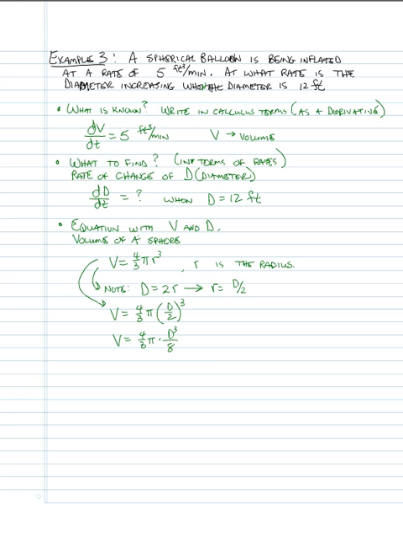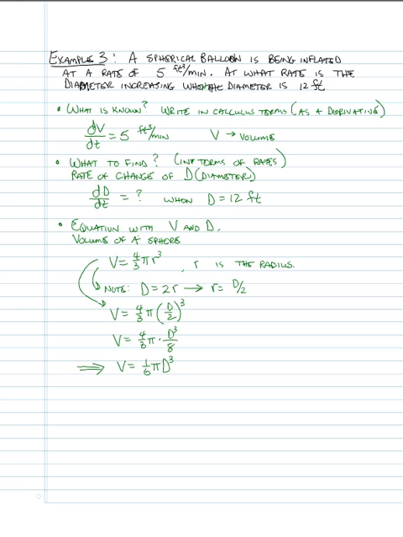Then we simplify that. The 4 over 8 will be 1 over 2, so we'll end up with 1/6 times pi times d cubed. Now we finally have that equation that involves v and d.